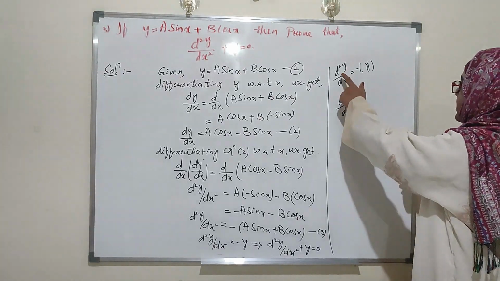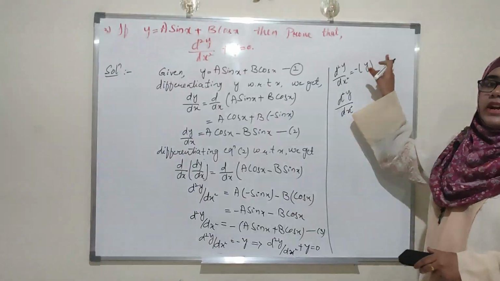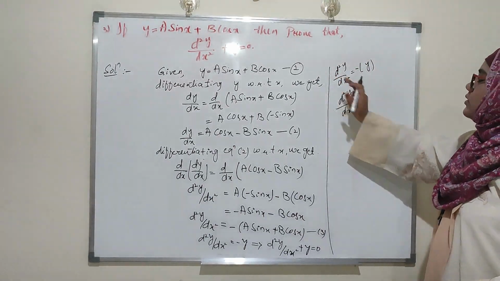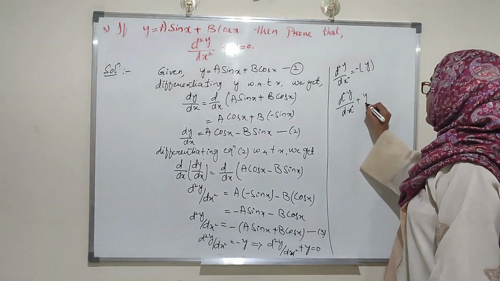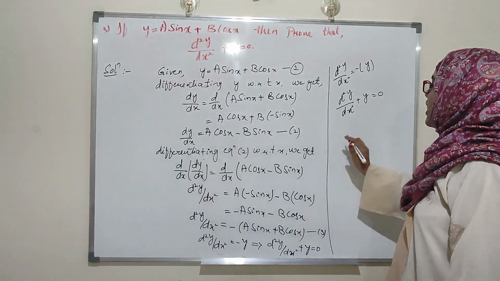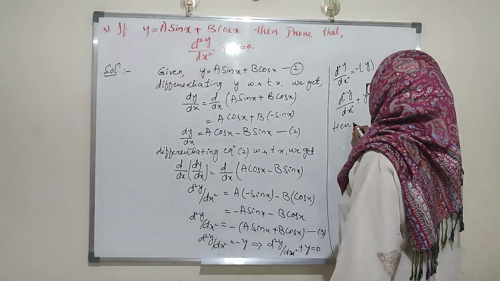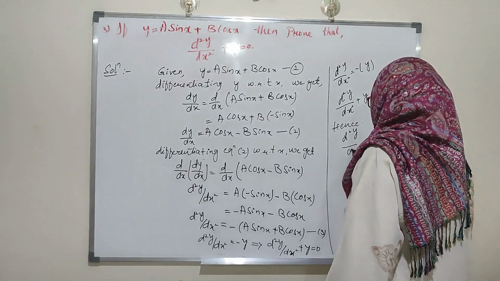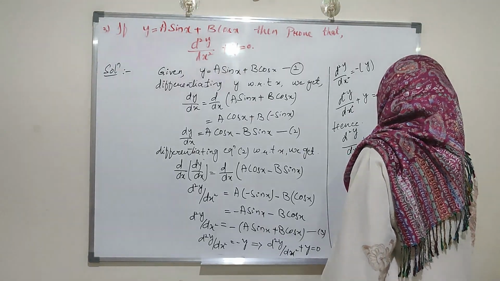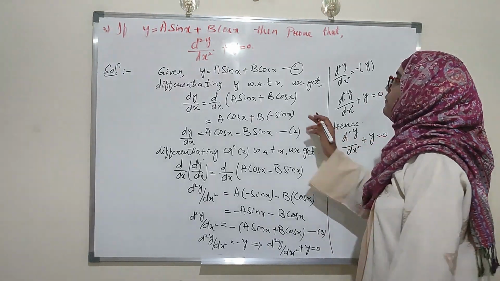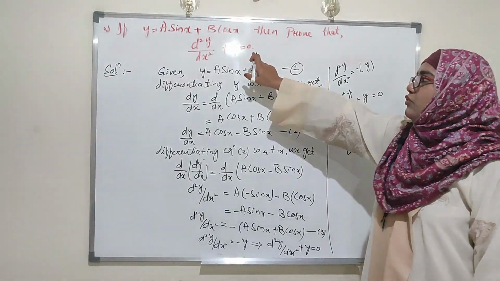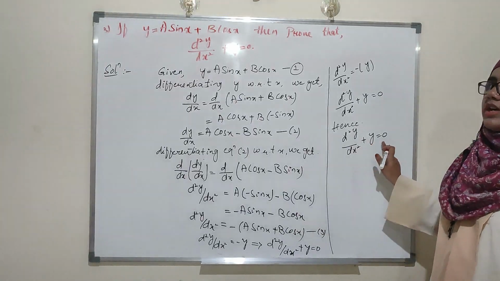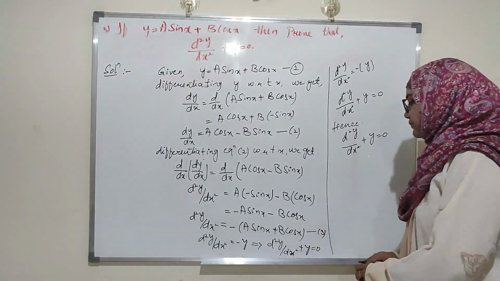I am shifting minus y from the right hand side to the left hand side. It will become plus y is equal to 0. Hence, we proved d2y by dx square plus y is equal to 0, which is what we had to prove. Hence, we proved it.